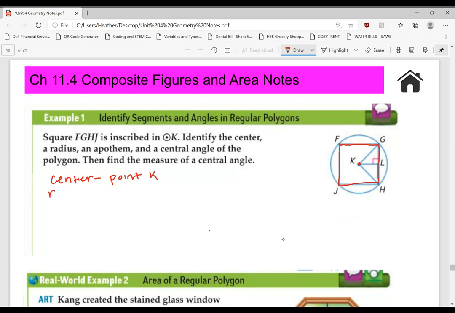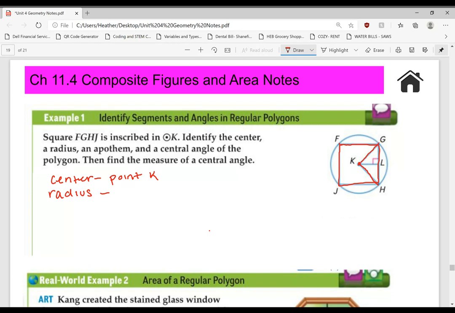The radius is going to be half of that whole diagram right there. So it's going to be K to H, or K to G. Notice that K all the way to the H touches the outside of the circle.